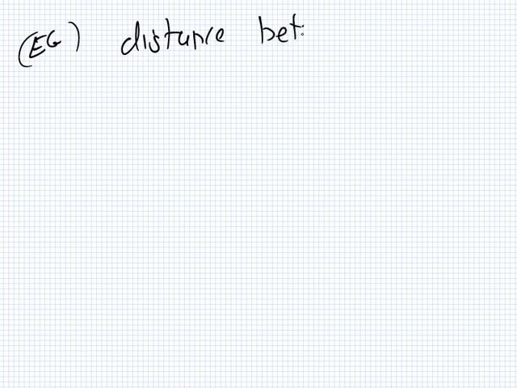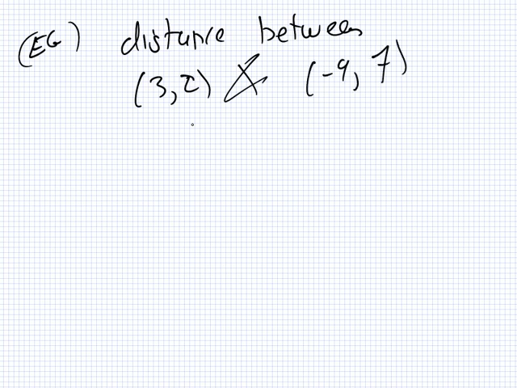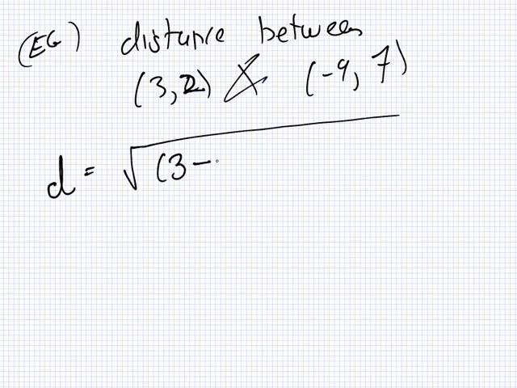So the first example is I want the distance between 3, 2 and minus 9, 7. Okay, well, that's just using our distance formula. Square root of x1 minus x2 squared plus y1 minus y2 squared.